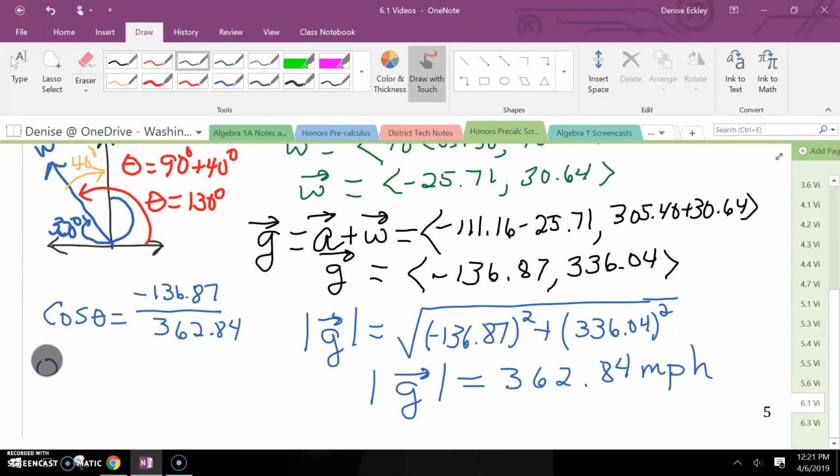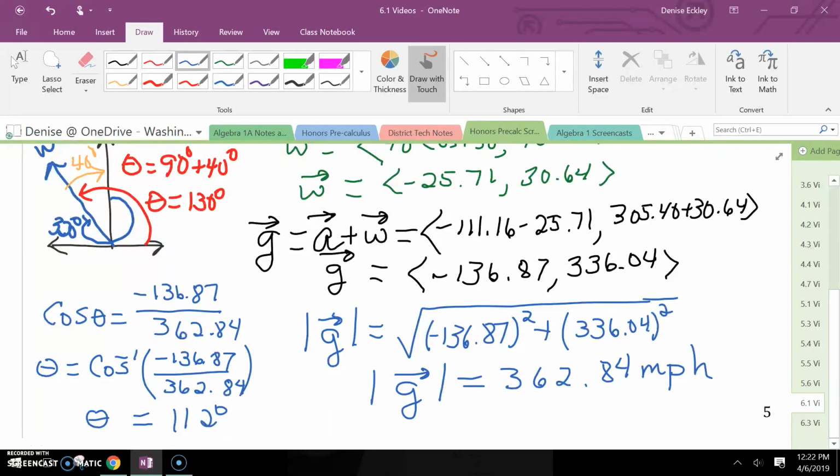So I'm going to take the inverse cosine of that, and when I do that, I get a value for theta of 112 degrees.